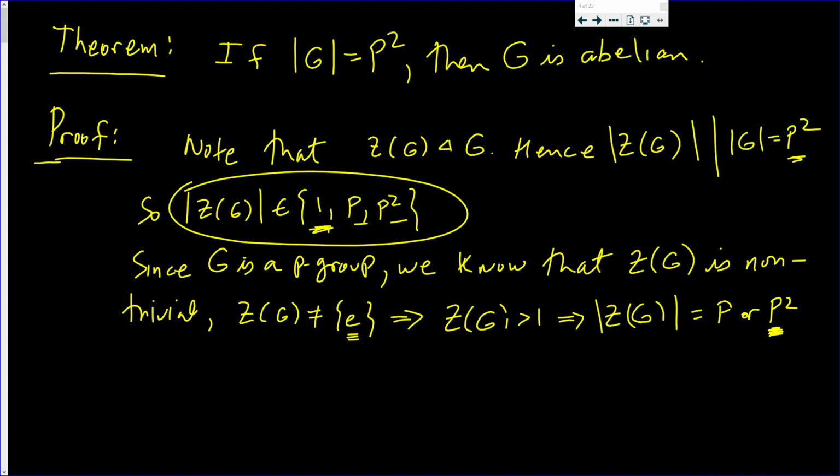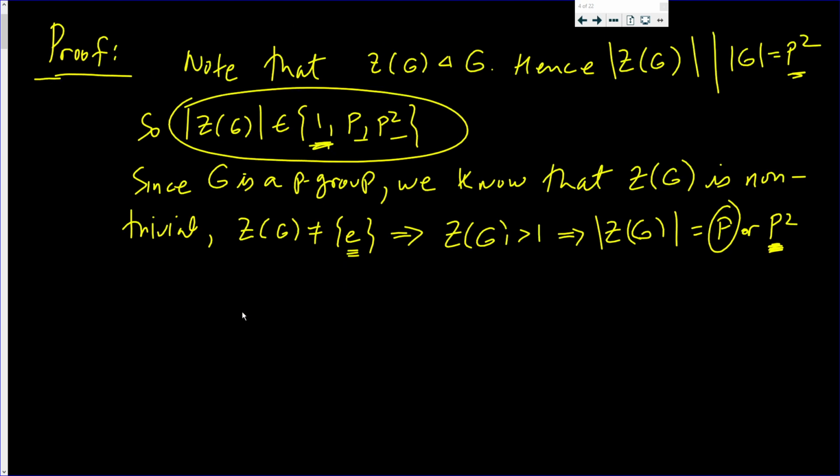So I want to either show that if the order of the center of G is p, then G is abelian, or that the order of the center of G cannot equal p. We're going to prove the latter. So suppose that the order of the center of G is p.